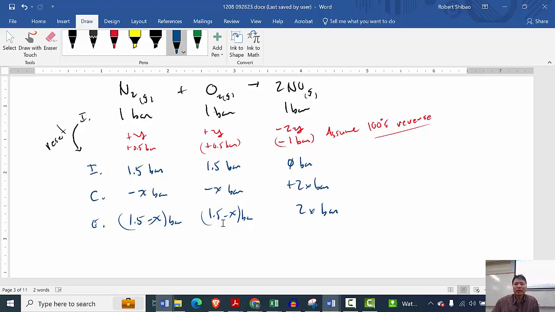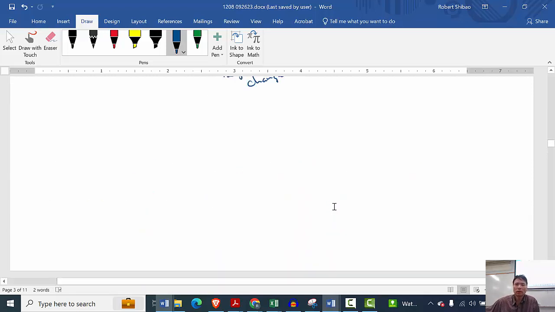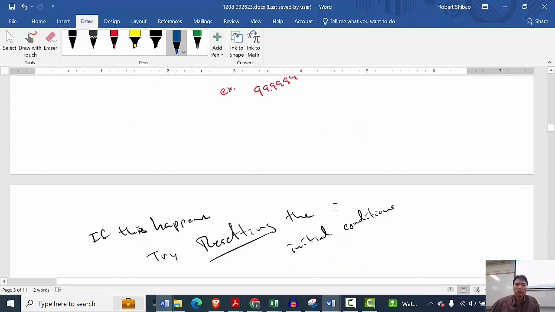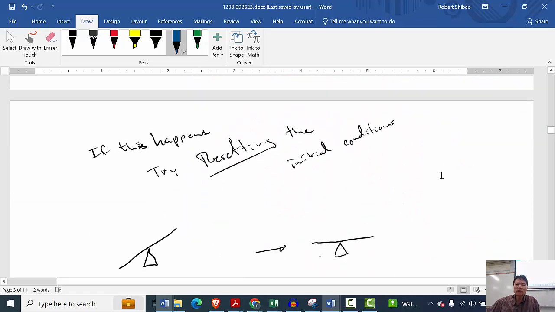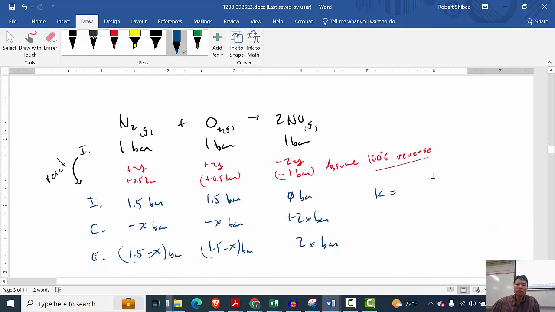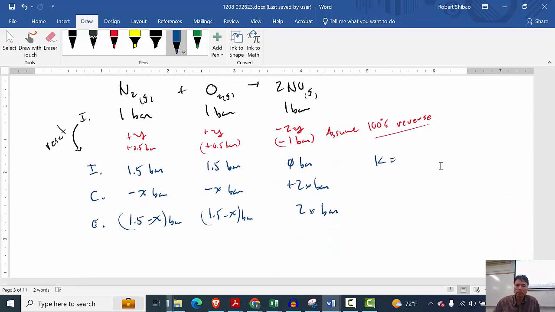Okay, now I'm going to solve for x. We know that K is equal to 4.561 times 10 to the minus 31. That means most of the water is on the left side.